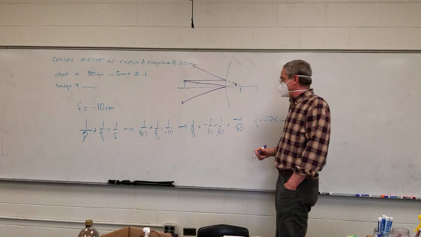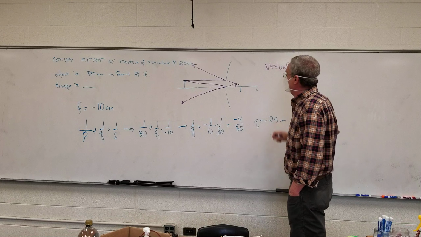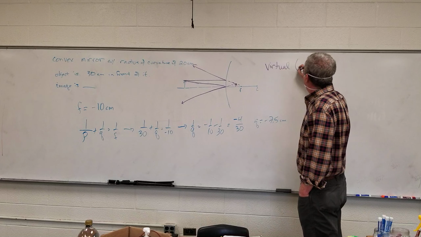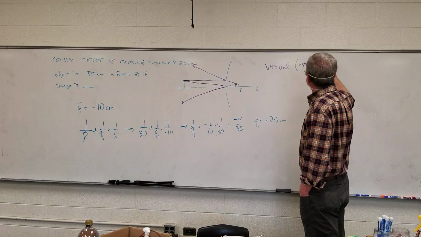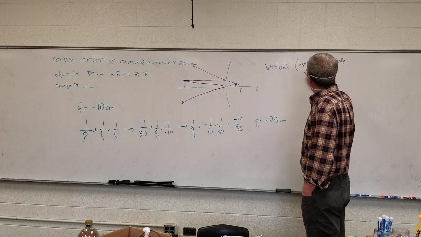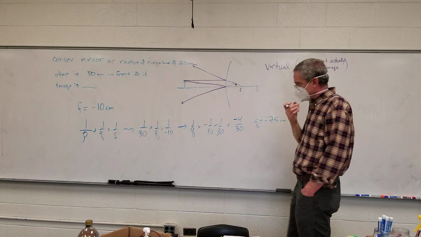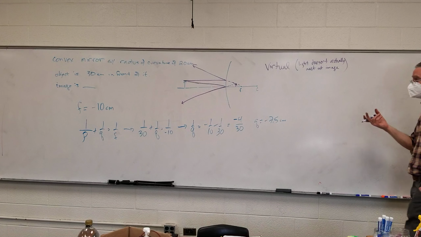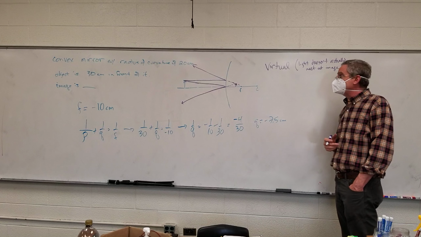It is a virtual image because the light rays don't actually meet where the image is. And something that's going to be true for lenses and for mirrors: the fact that Q is negative is telling us a big clue that we're dealing with a virtual image.